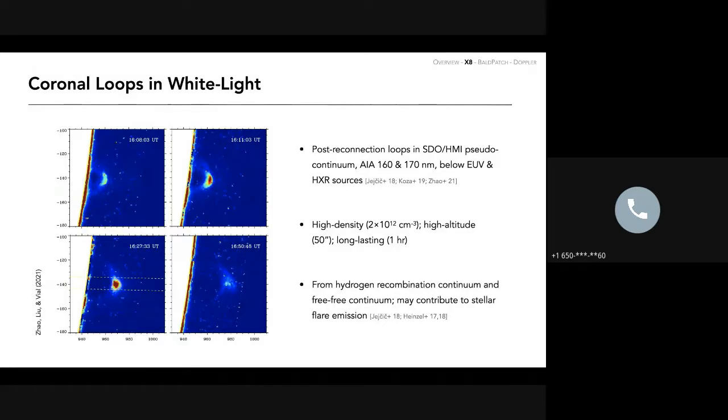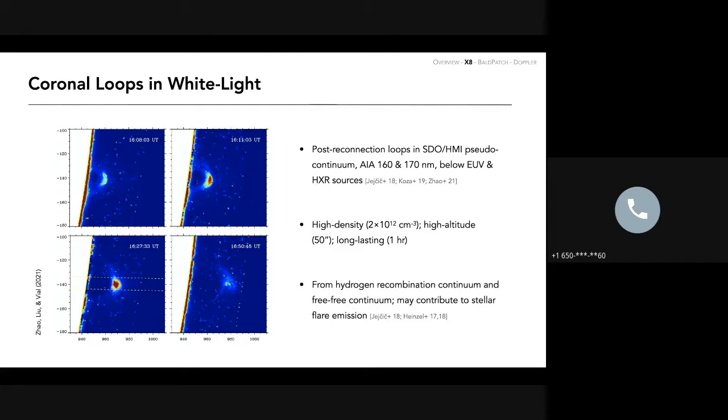Now, this is also a very rare observation. This is HMI pseudo-continuum off limb, and you can see that the pseudo-continuum can be observed even higher in the corona after 40 minutes. So that means the loop becomes really, really dense, presumably from chromospheric evaporation.